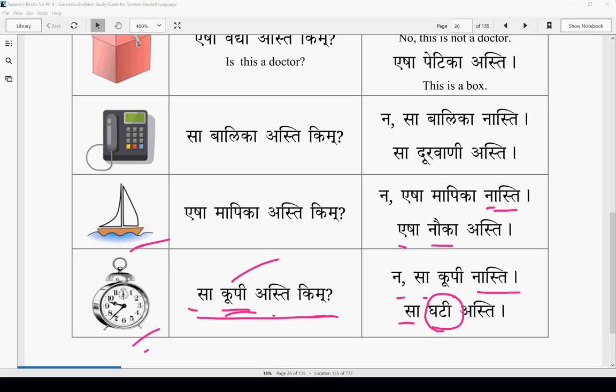Ghati is the clock here, and what is kupi? Anybody remembers? Pot. Bottle. Bottle. Yeah, so bottle is the newer meaning, and previously there was no bottle, like olden times. Kupi is something that holds, but nowadays we can assume it as bottle. Kupi, bottle. Ghati is clock.